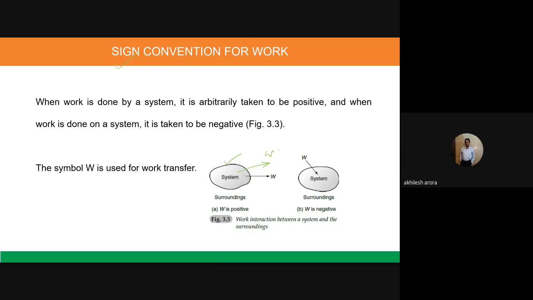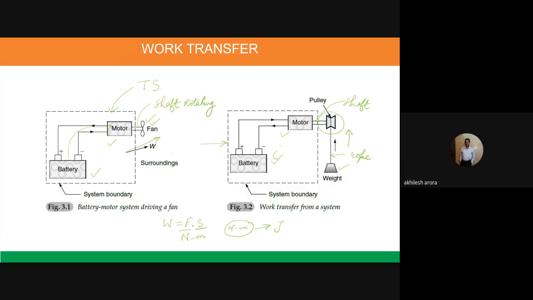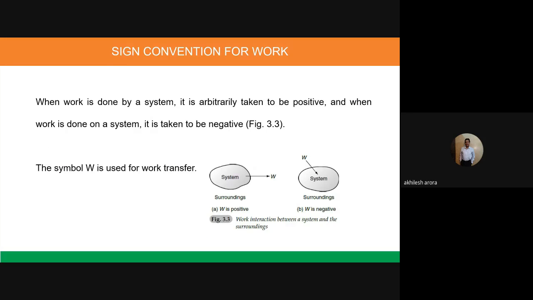Whenever we are considering the work done by the system, this is always considered to be positive. You can see this is the work done by the system, and this is the work done on the system. This W is entering into the system, so I will say that it is negative.